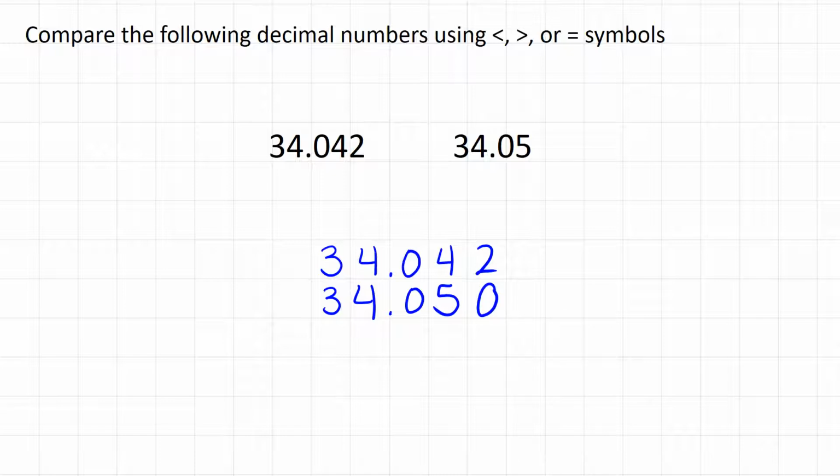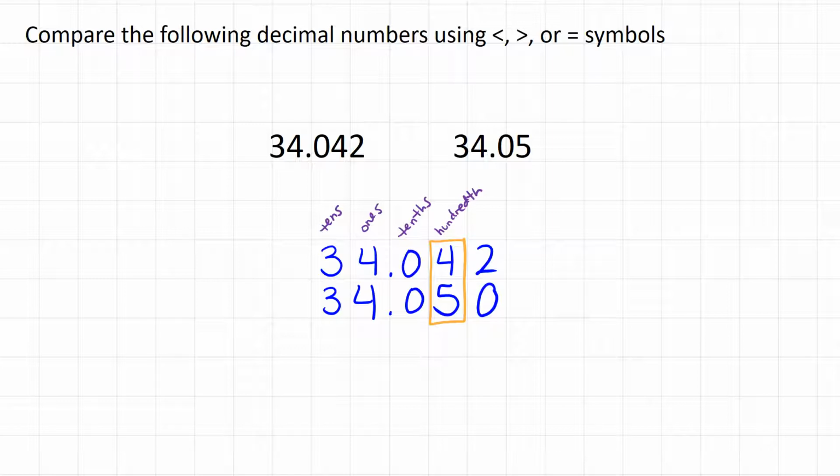And now, starting from the left, I'm going to look at the tens place, and the numbers are the same, so I'm going to move over to the ones column. The numbers are the same. I'm going to move over to the tenths column. Numbers are the same, and now I'm at the hundredths column. And what I notice here is we have different numbers.